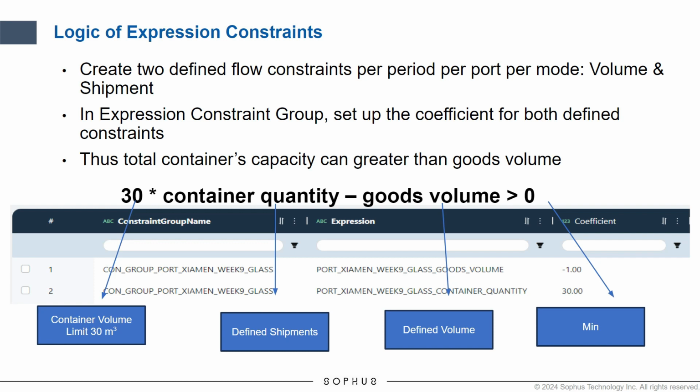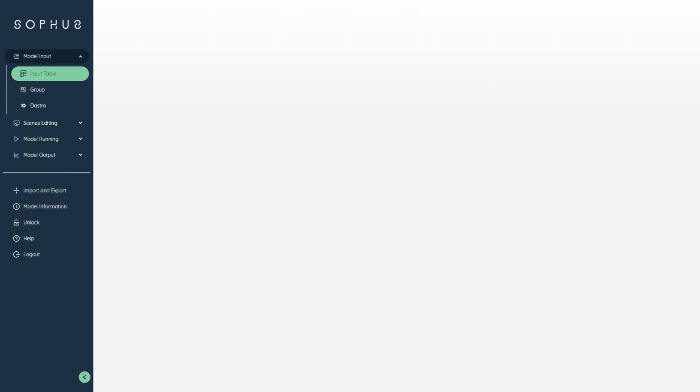An expression constraint establishes a mathematical relationship, as demonstrated on the slide, with 30 representing the volume cap for a single container. Multiplying this by the number of containers yields the total volume capacity. Subtracting the cumulative volume of the goods from this figure, the result must remain above zero to ensure compliance with the volume limitations of the shipment.